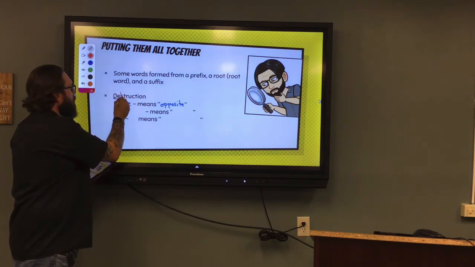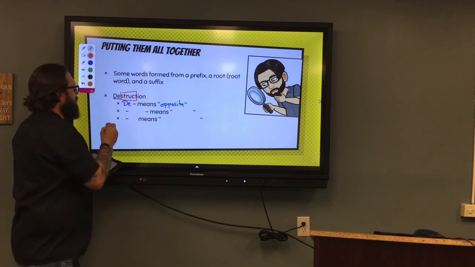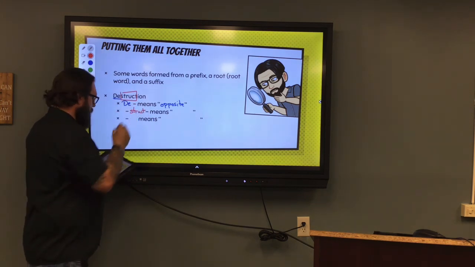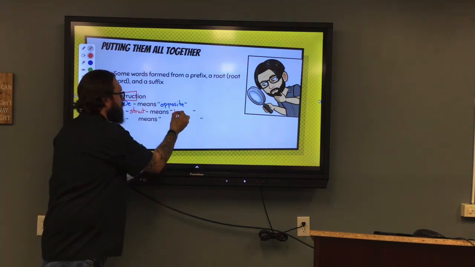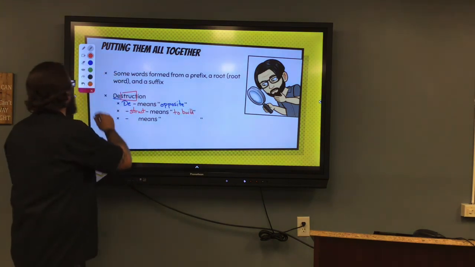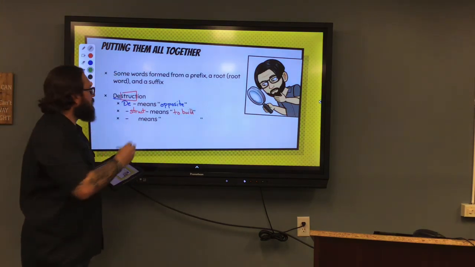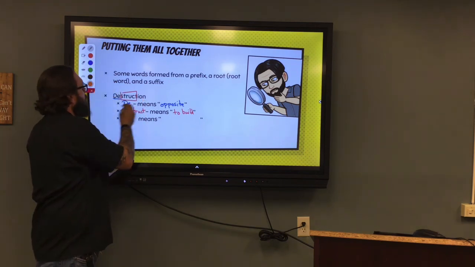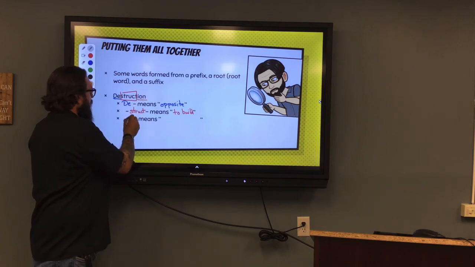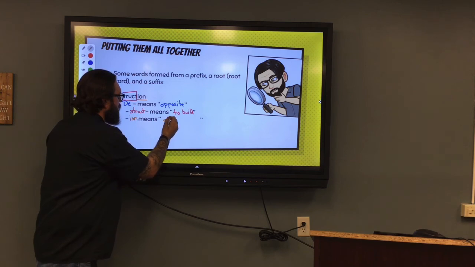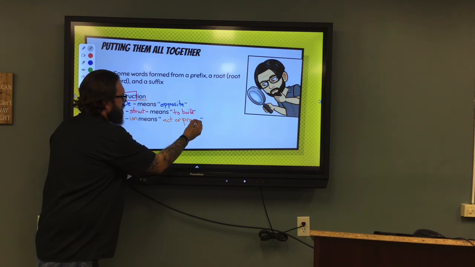Our root is struct, and it means to build. And then finally, our suffix is ion, and it means the act or process.